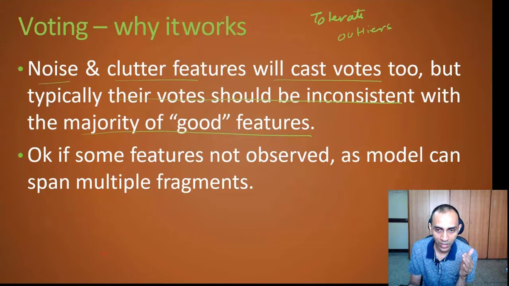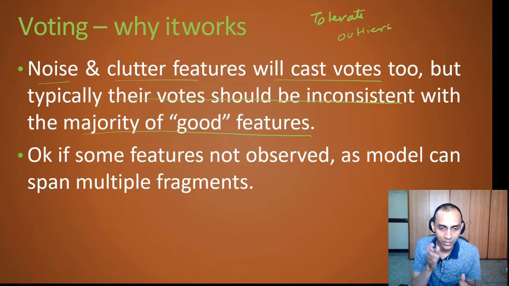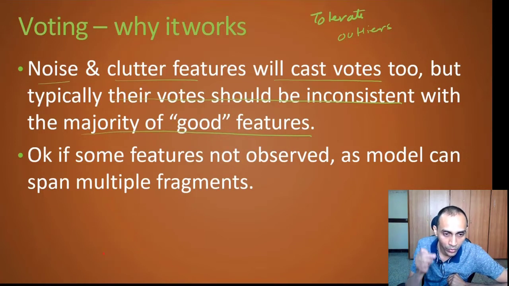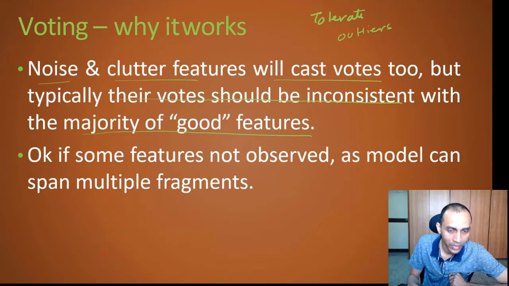Only the ones which really fall on a line are going to vote consistently for that single straight line. So the ones which really exist will get the maximum counts, whereas outliers will cast random votes and will be discarded, because at the end we count the majority votes.